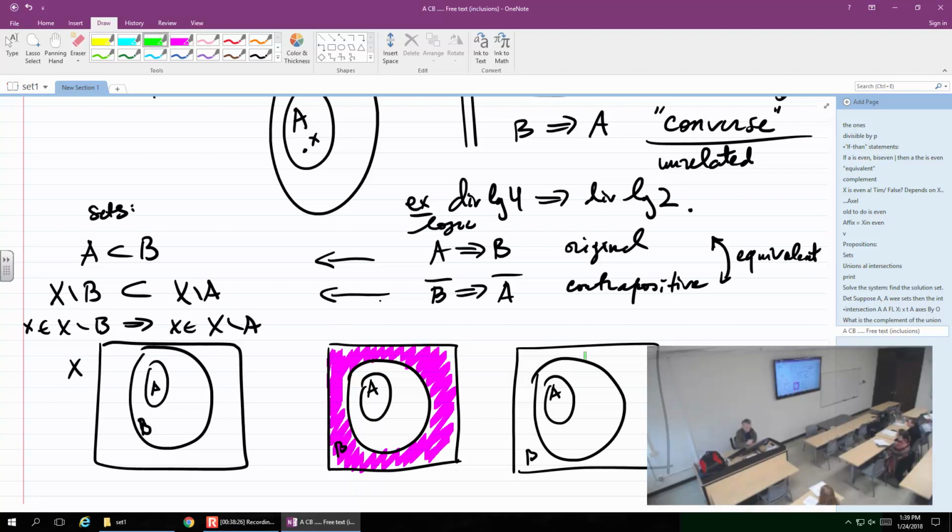Right? And this is the complement of A. Right? So what's the relation between them?